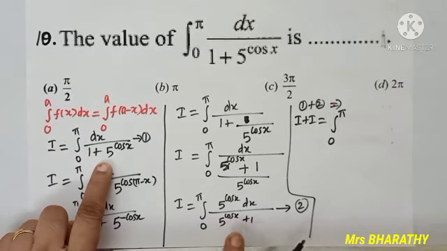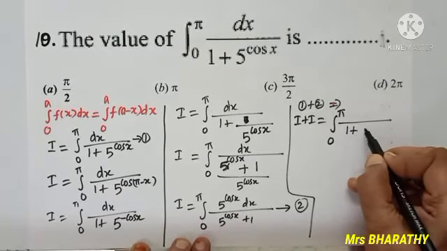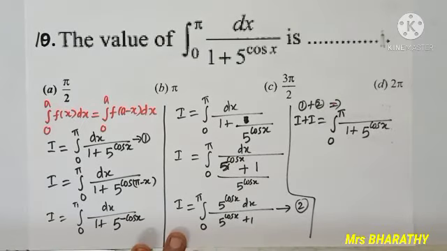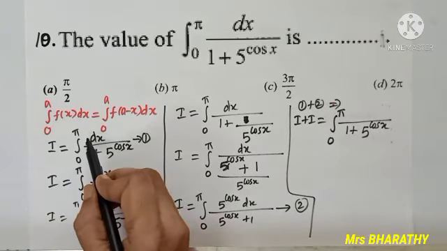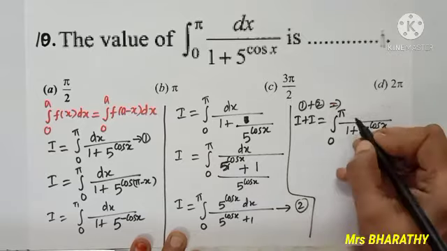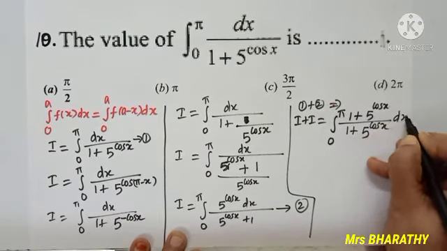Denominator is the same, 1 plus 5 power cos x. Numerator, here I have nothing, so I read it as 1. Here I have 5 power cos x. As I add, it is 1 plus 5 power cos x.